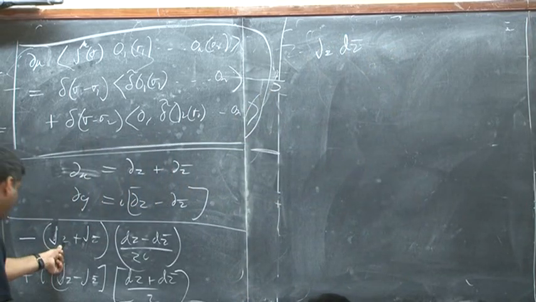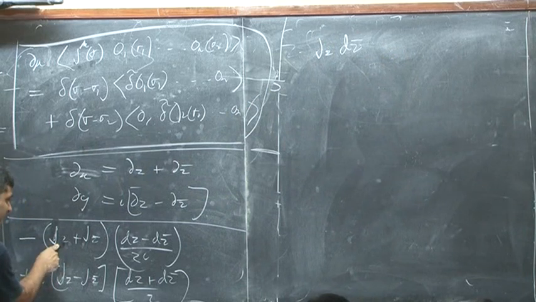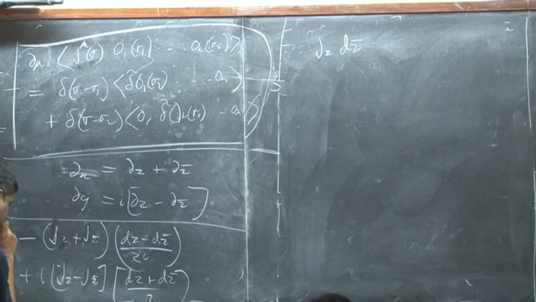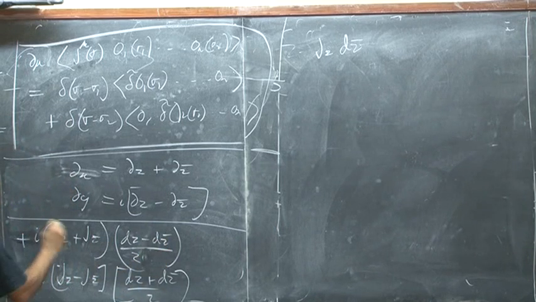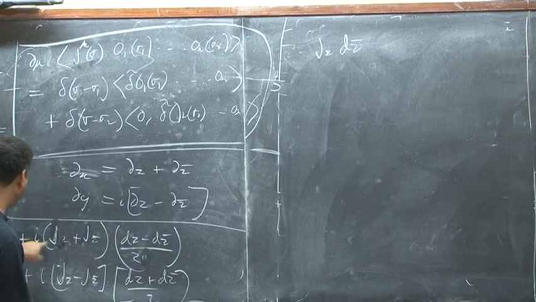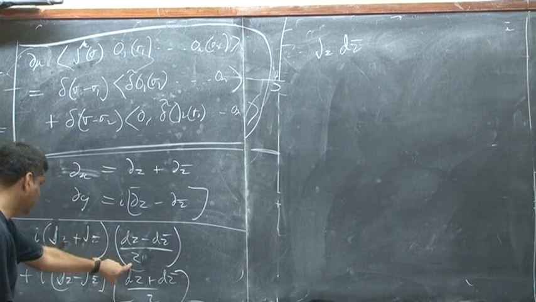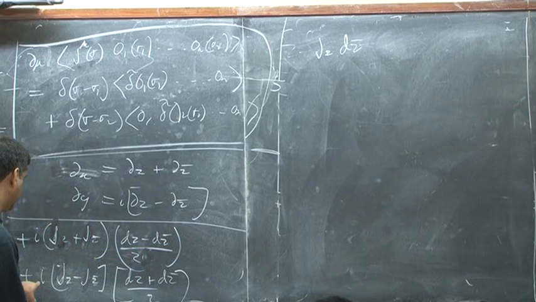The Jz dz term is minus. Let's put this i up here and make it a plus. Okay, it's i Jz dz by 2, and here we get i Jz dz by 2.